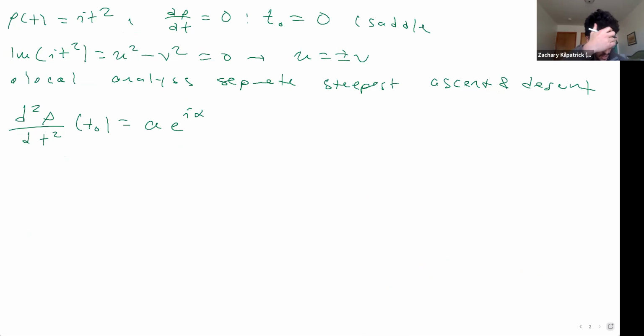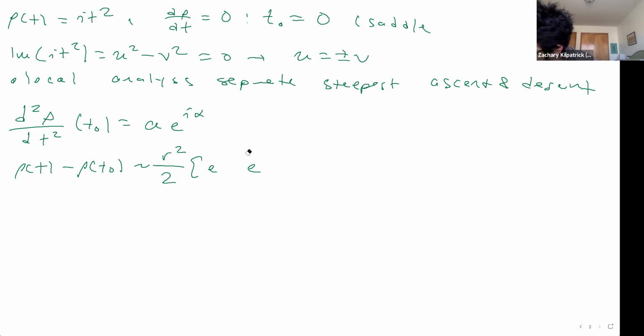So if we look at the approximation, rho of t minus rho of t0 here is going to be approximated in this case by r squared over 2 times e to the i n theta, or in particular for this, 2i theta, because that's just squaring the argument t.